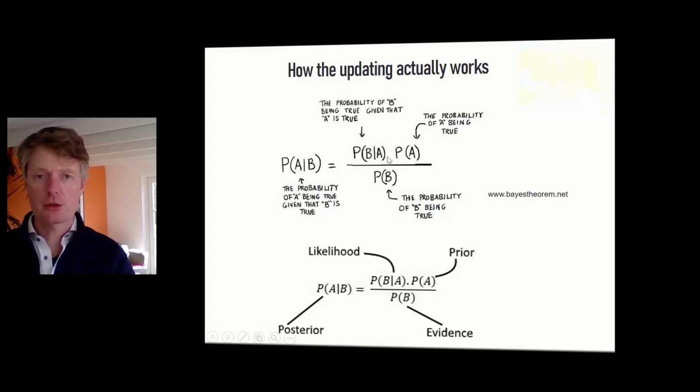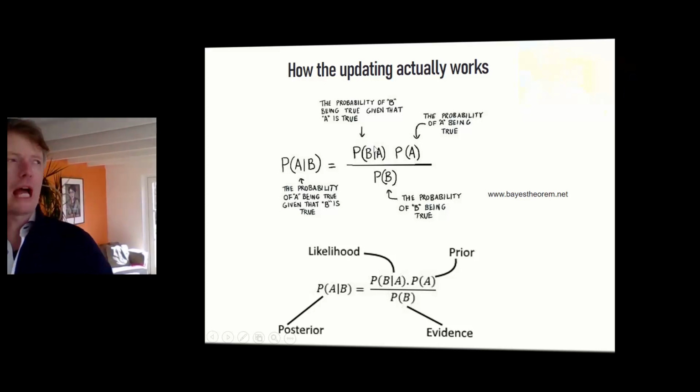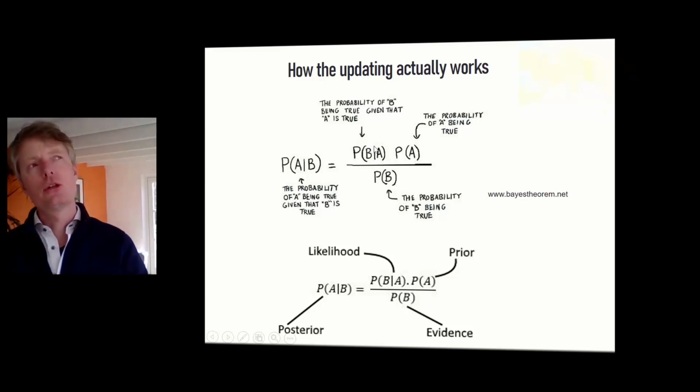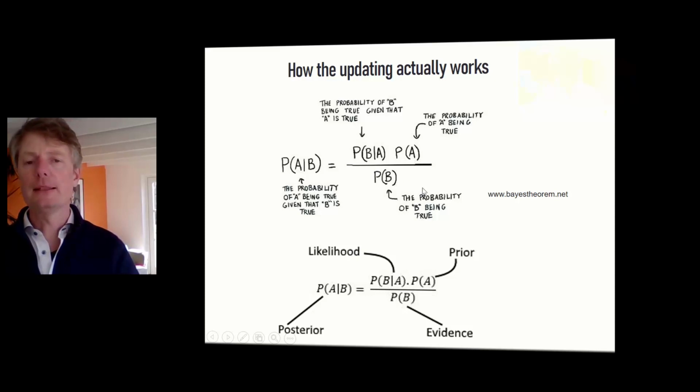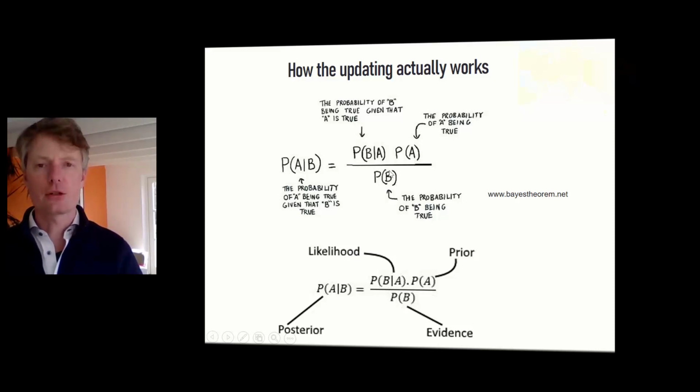So this element here is also called the likelihood. So how accurate a signal is finding blood on a suspect's person, and we divide that by the evidence, the probability of B being true. But I'll give you some examples so that you can understand this formula.